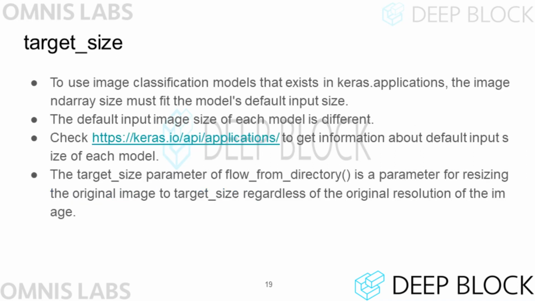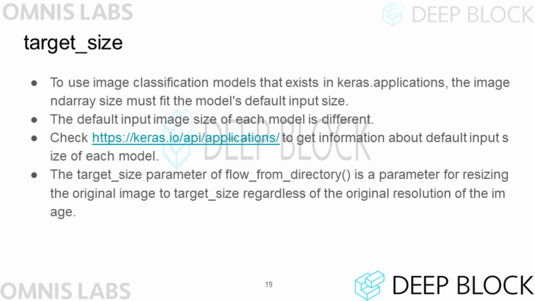The flow from directory method has a parameter called target size. Target size is a parameter that specifies how to convert the resolution of the image read from the folder. All image classification neural network models in Keras applications have a fixed input size. So if the resolution of the image coming into the classifier is different from the input size of the model, you need to convert the resolution of the image to the input size and then put it into the model.